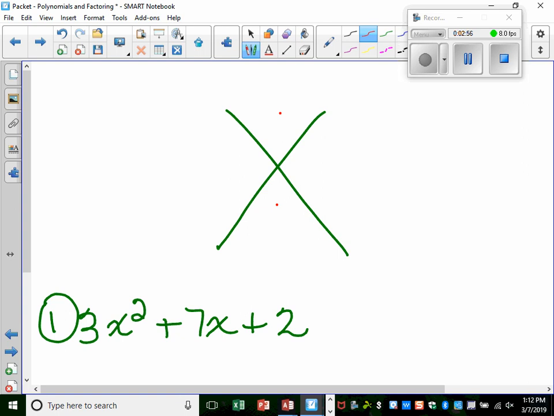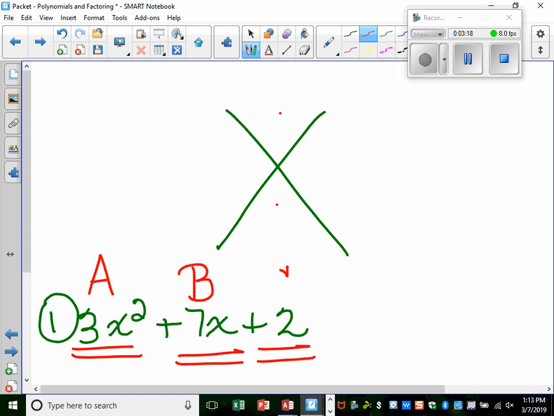Let me step back one second. Each term has a letter attached to it. So we really call this a quadratic expression. The first term is called your A term. The second term, it goes right in alphabetical order, is called your B term.